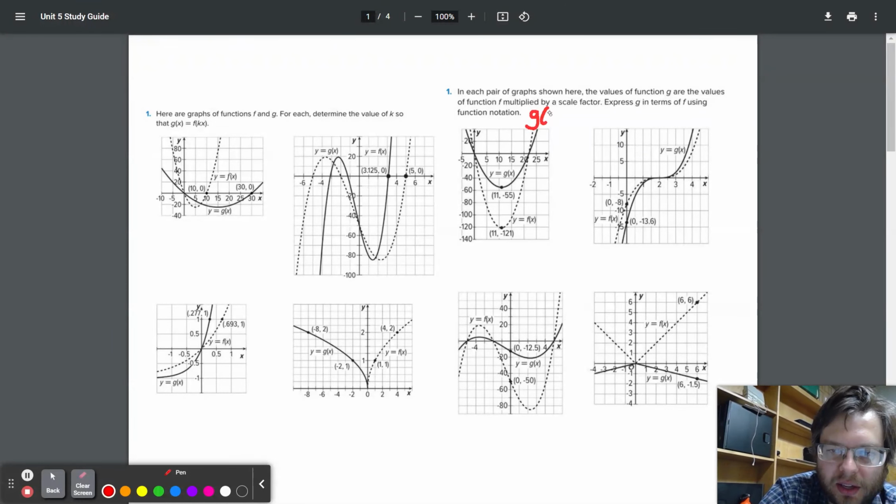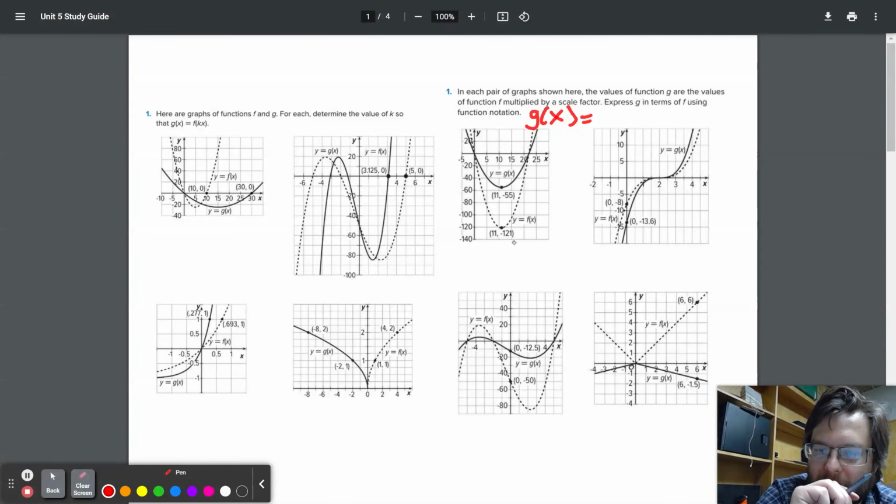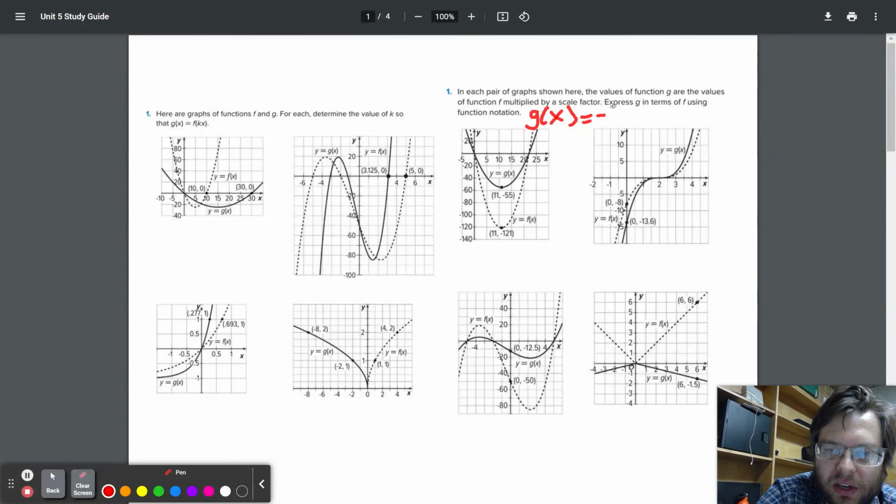G of x here is equal to, well, they have the same x value of 11. The y value is different, where the y value of f is negative 121 and the y value of g is negative 55.